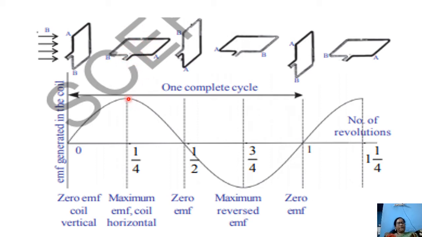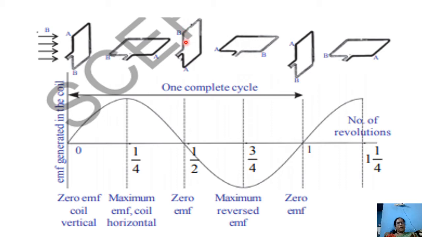If we continue the rotation of the coil, the current will decrease during the second quarter of the rotation and once again becomes 0 when the coil comes to vertical position. See here, children.